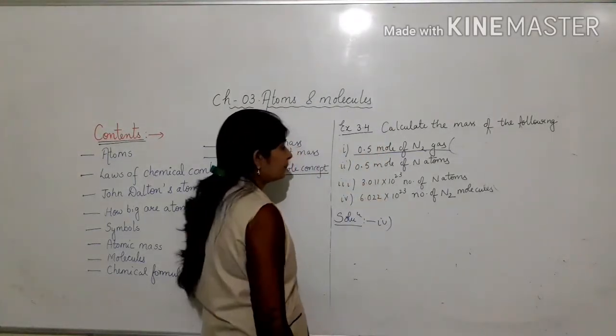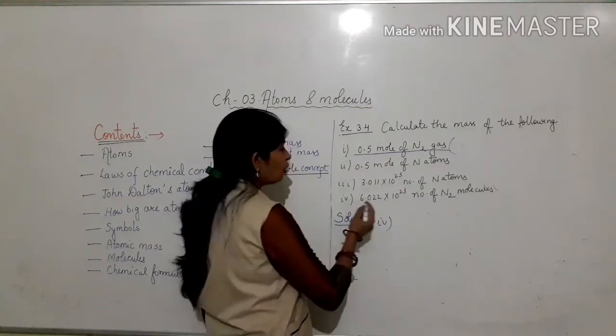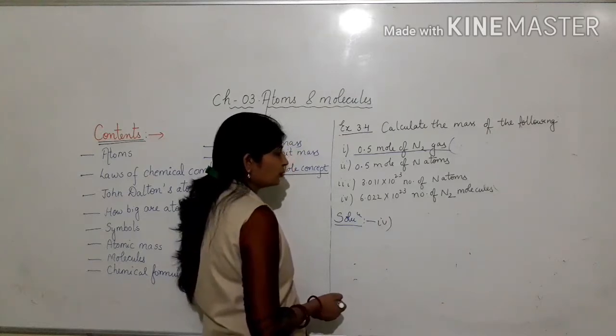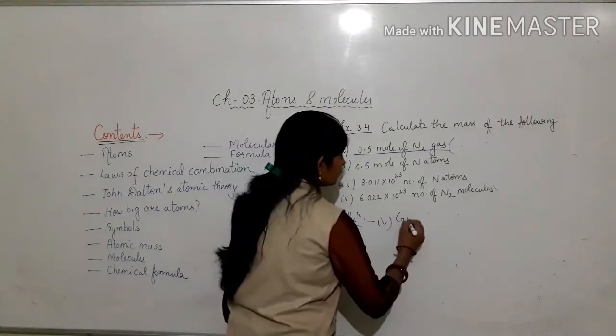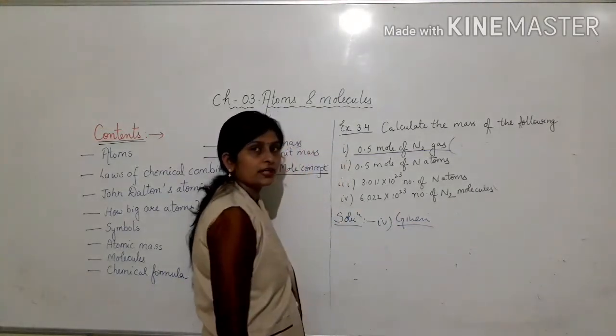Now fourth part. In fourth part we have to calculate mass of 6.022 into 10 to the power 23 number of nitrogen molecules. Okay. So what is given? Number of nitrogen molecules are given.